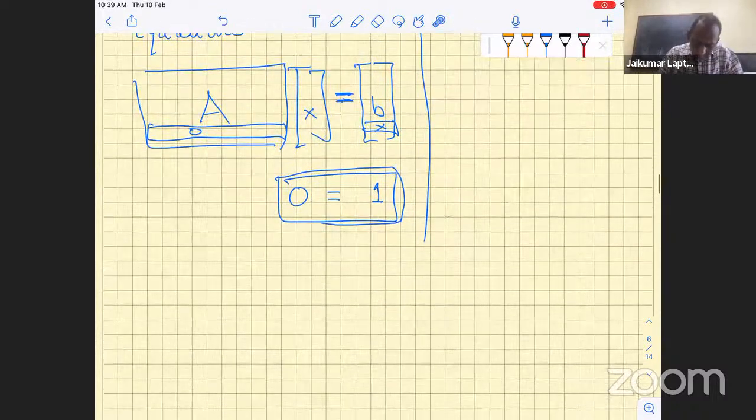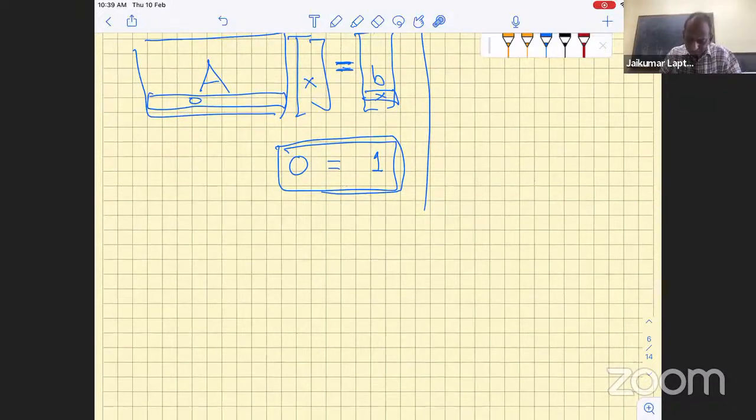So why is this statement true? Let us see. Again, we will try to find a solution to a system of equations.